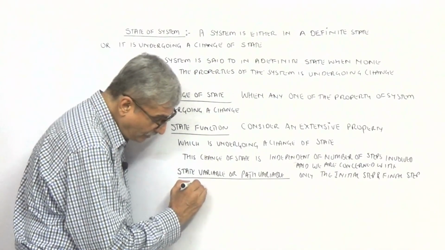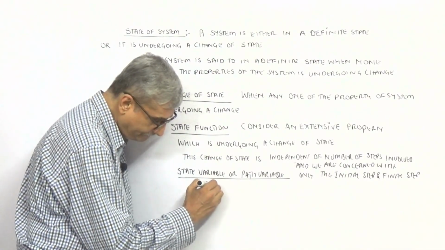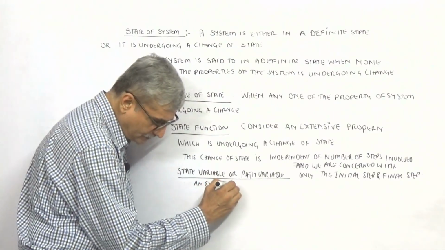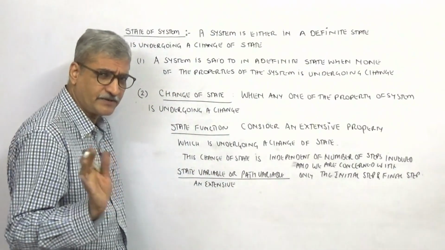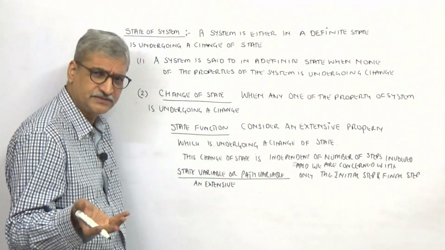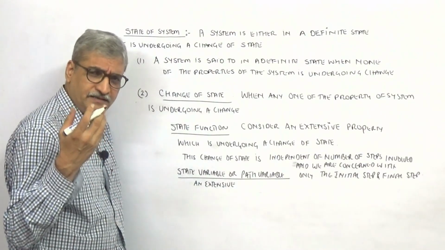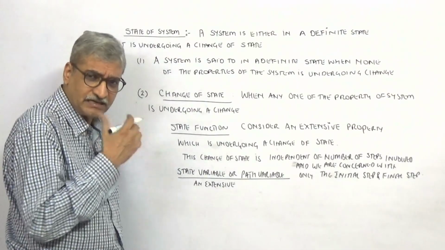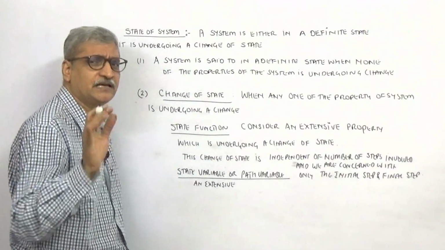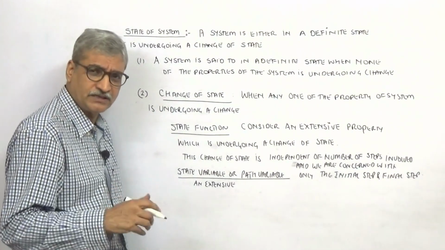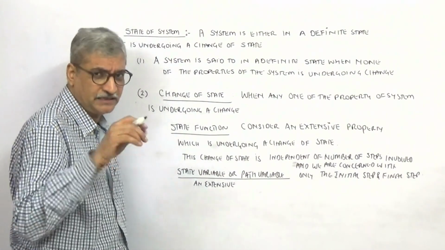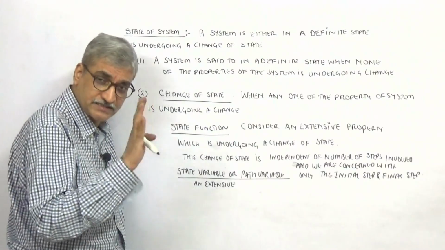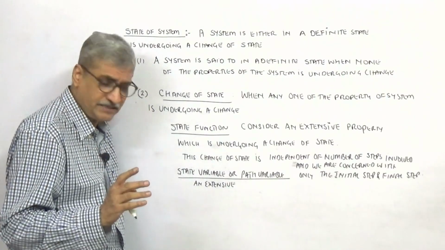So what is a state variable or path variable? An extensive property of a system. Everything is about extensive property, not intensive. Intensive are characteristic values: density, viscosity, refractive index. They cannot undergo change of state unless you change the system itself. Suppose you have water, refractive index 1, you put sugar in that, then the refractive index changes. If you keep the system the same, the value remains the same.